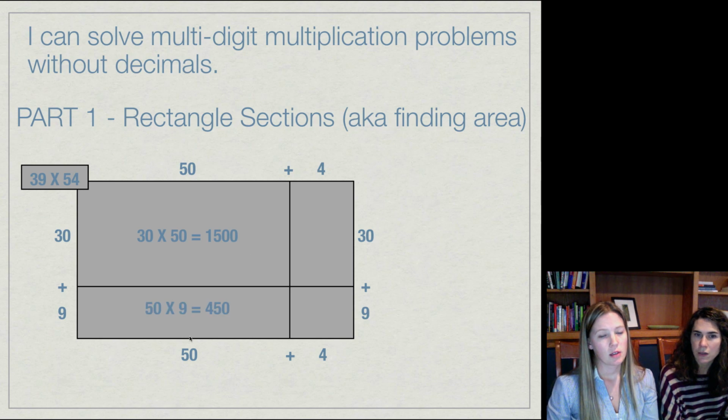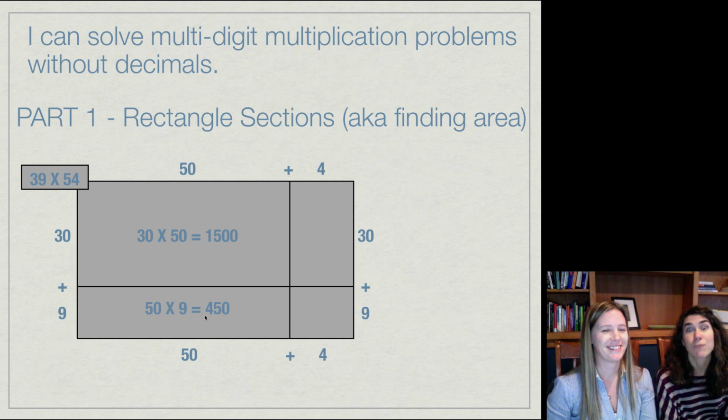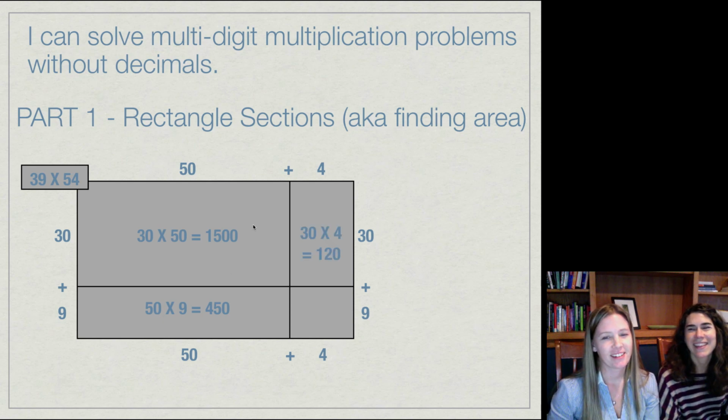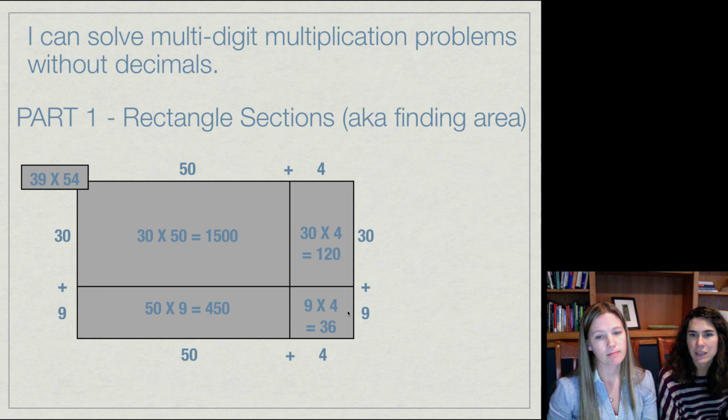Then you can look down here and solve for this rectangle. 9 times 5 equals 45, and then add your 0, so 450. Then 30 times 4 equals 120, because once again, looking at the numbers and then adding on your 0. And then 9 times 4 equals 36.